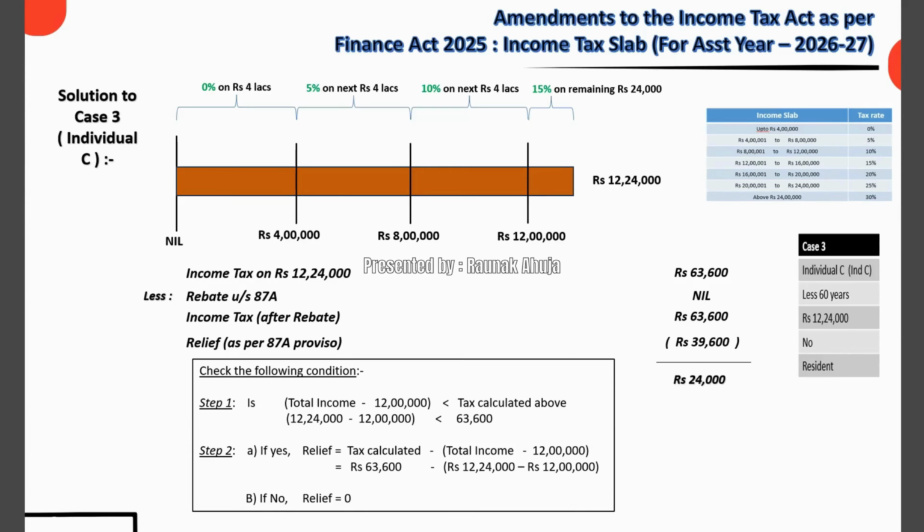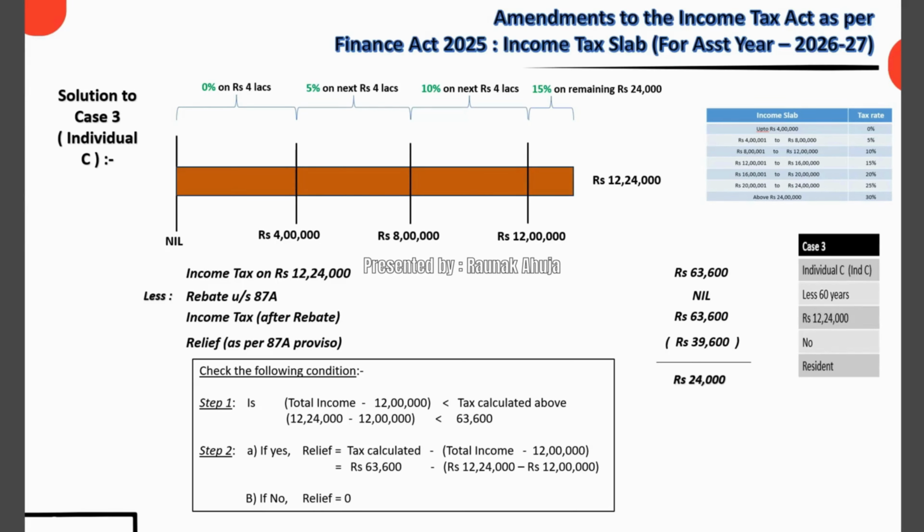In this case, since 12 lakh 24,000 minus 12 lakhs is 24,000, which is less than 63,600, the answer to the first step is yes. Since the answer to the first step is yes, we move to the second step. If yes, relief is equal to tax calculated minus the total income minus 12 lakhs.